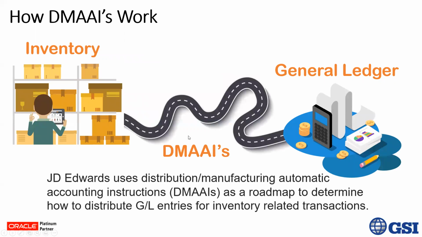So a DMAAI in JD Edwards is a roadmap between an inventory transaction and the journal entry. You might do a transaction on a screen, or if you have barcode systems, on a barcode gun. But when you do that transaction, the corresponding journal entry is automatically created, and the mapping used to know what accounts get updated for that entry, that's what the DMAAIs are for.